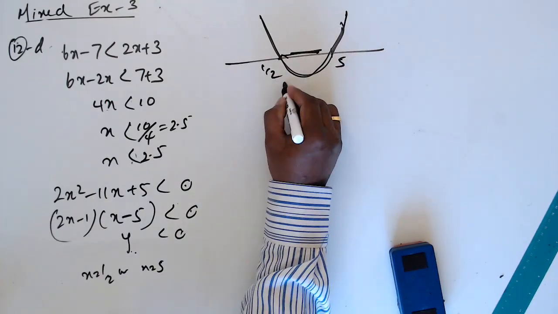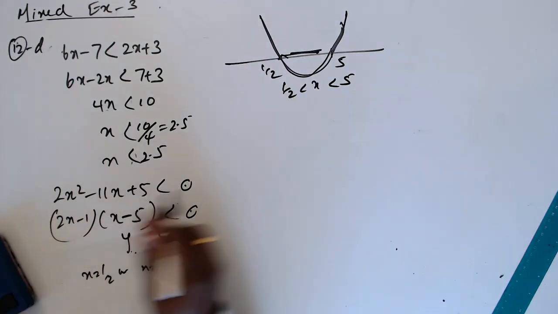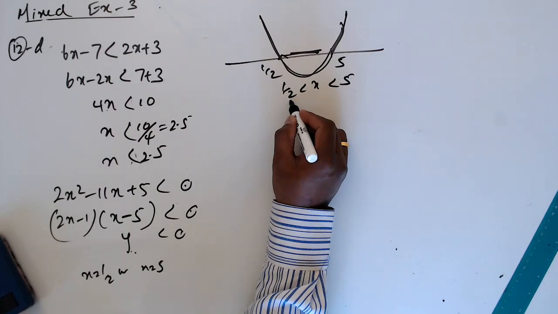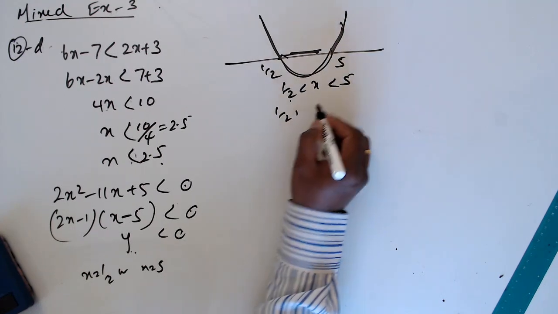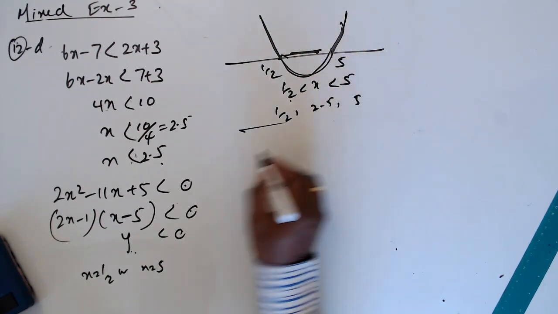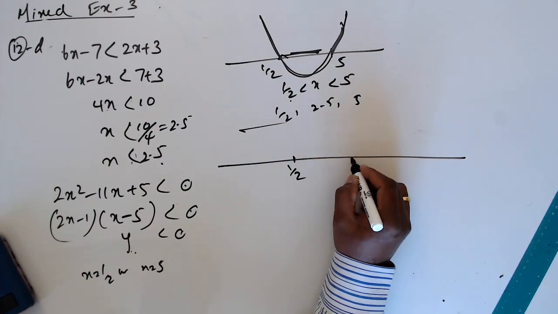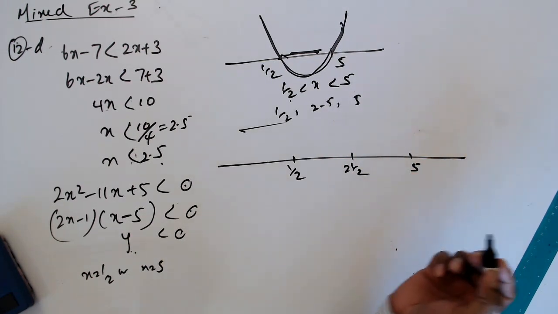So this is the area half greater than x greater than 5. Now we want to look at this, which is also half. This is 2.5. I write the numbers in order: half, 2 and a half, and 5.